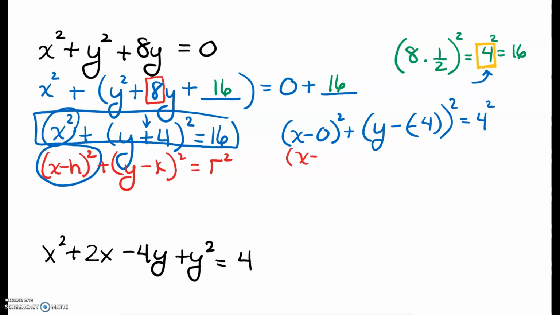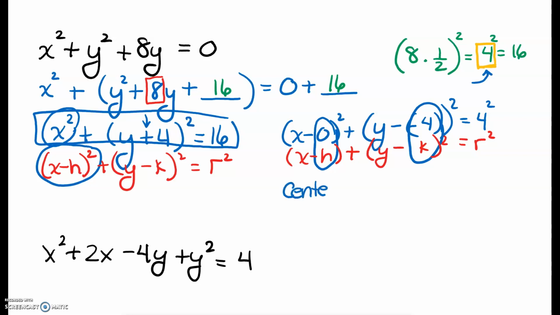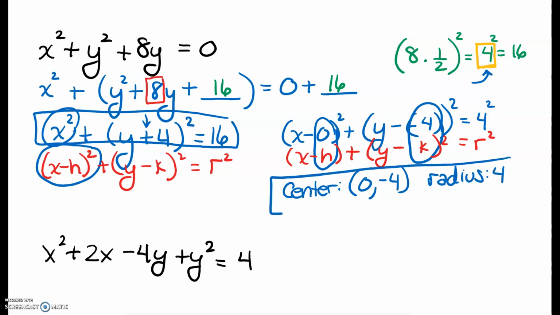So now we have it in the correct form. h is 0, k is -4, and r is 4. So my center is (0, -4) and my radius is 4. For every single one of these, I need my standard equation, and I need to pick out my center and my radius.